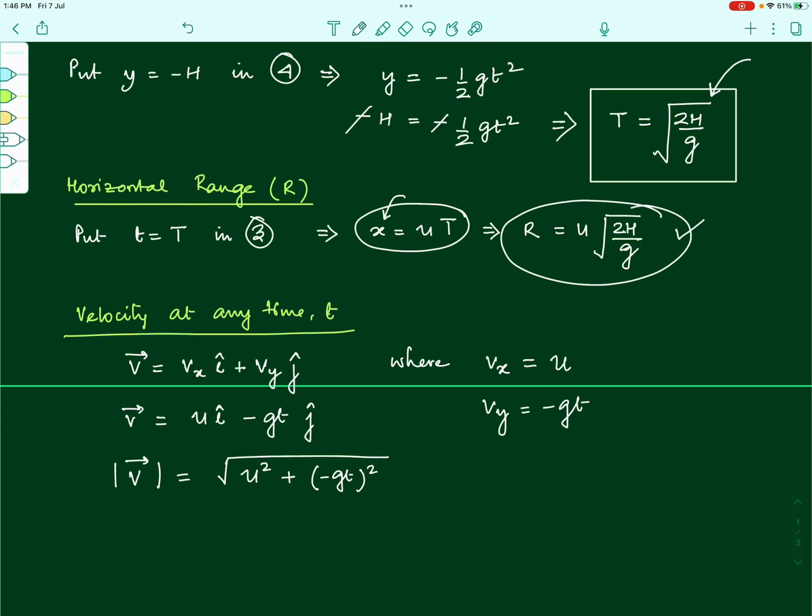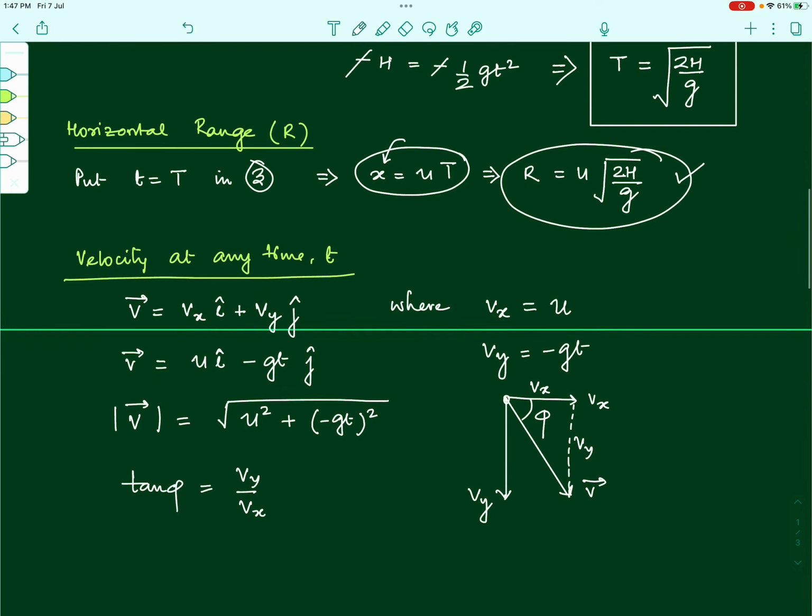In fact, we can also find out the angle, the direction of this velocity. Understand that the velocity will be somewhat like this, in this direction, and it will have two components, one component along the x axis, vx, and the other component along the y direction, vy. If phi is the angle that the velocity vector makes with the vx direction, then knowing that this length is vx and this length is vy, we can write tan phi is equal to vy by vx.